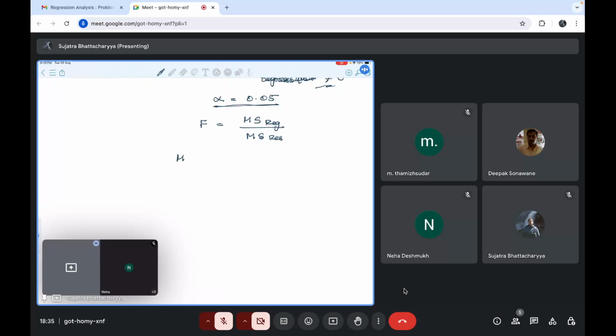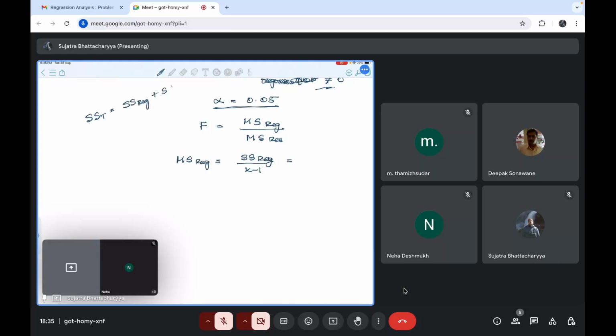MS regression is SS regression divided by k minus 1, because the degrees of freedom of SS regression is k minus 1. The reason behind this is that we know SST is nothing but SS regression plus SS residual, and degrees of freedom you can add, right?